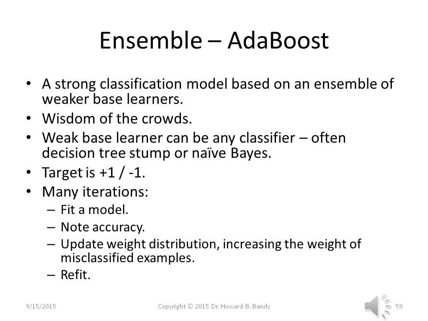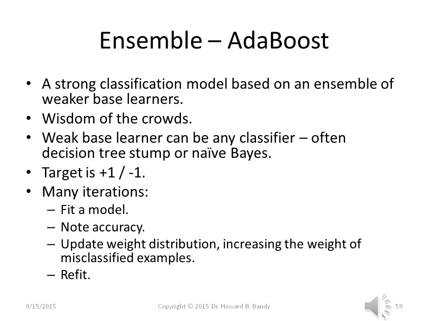The way this works is to fit a model and note the accuracy, update the weight distribution of the data points that are being fit, increasing the weight of the misclassified examples, and trying again, and continuing until some stopping criteria has been met.